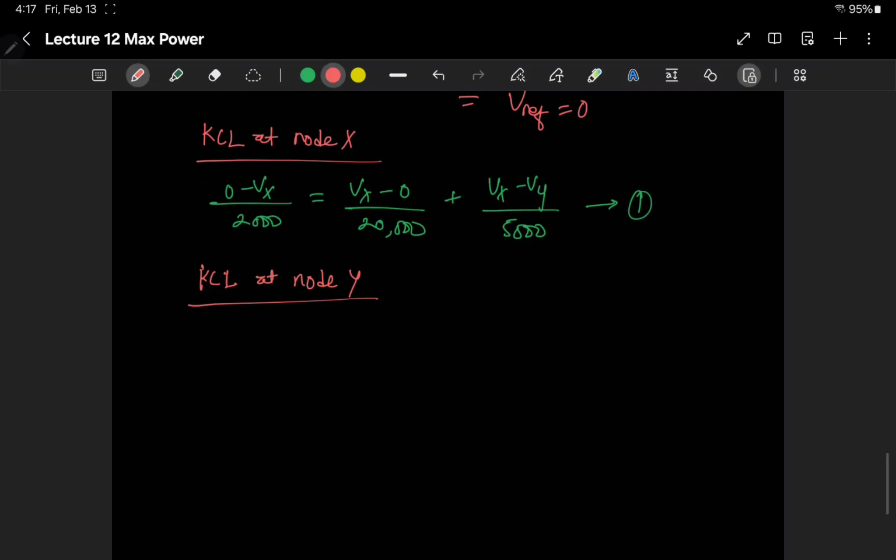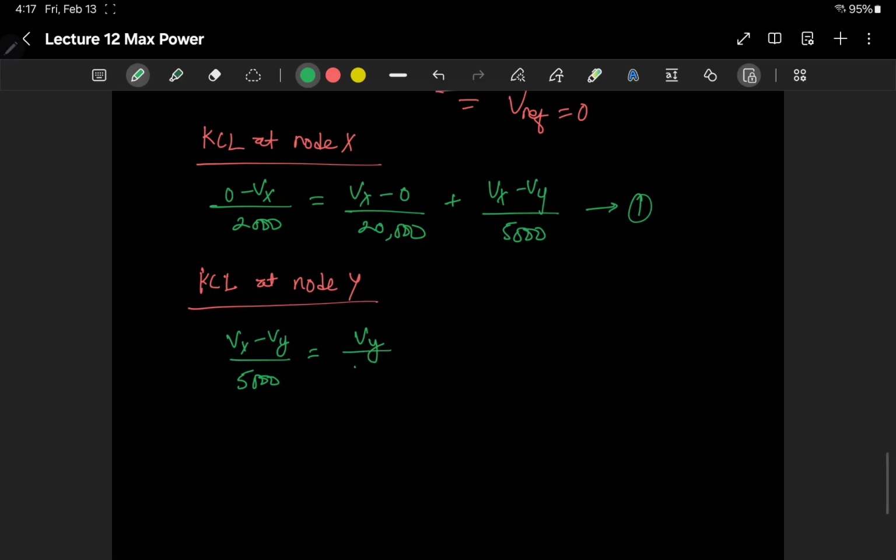So Vx minus Vy divided by 5,000 is equal to Vy divided by 50,000 plus Vy minus 1 divided by 10,000 plus 30 I delta.